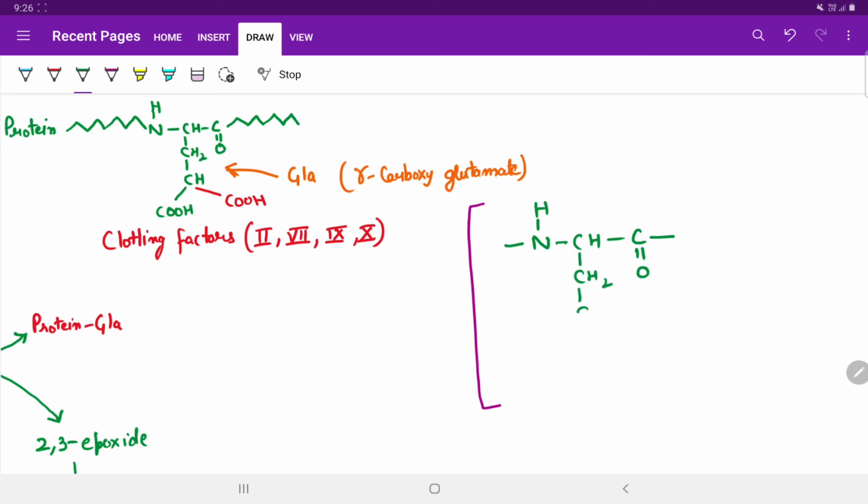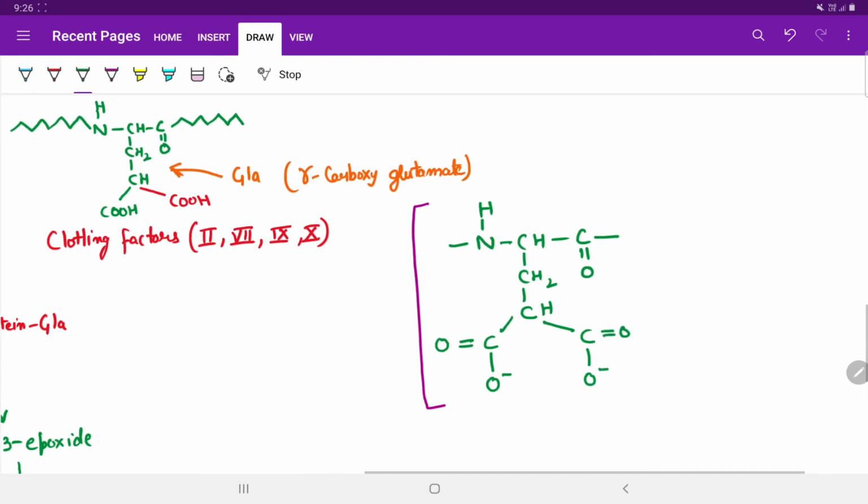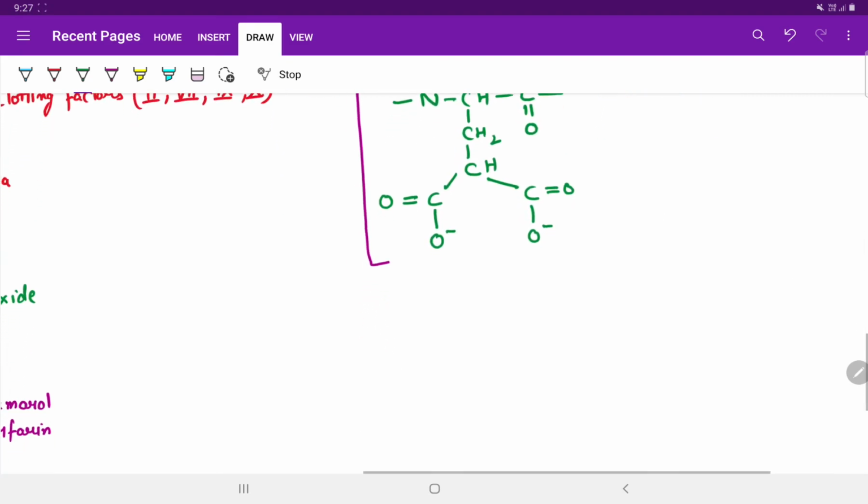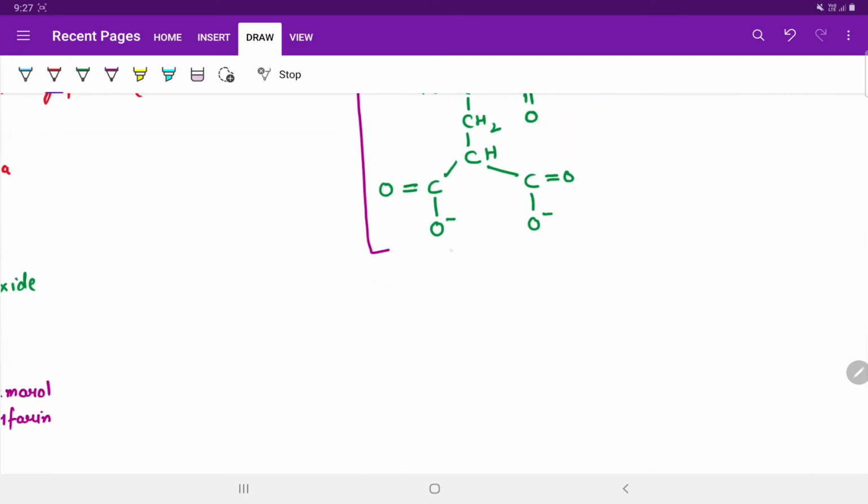So now we can easily draw the structure of prothrombin. So this is the prothrombin protein. Now this leads to the complex formation with the calcium ions.